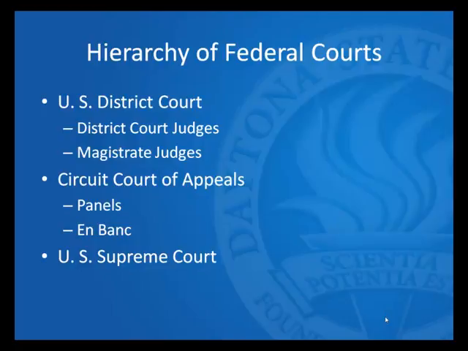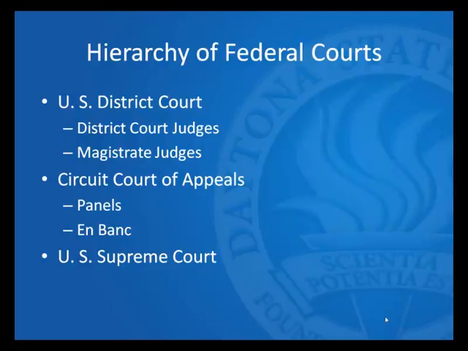And of course, the ultimate appellate court in this country is the United States Supreme Court, and they will only review cases when people ask them to review them and when they decide to review them. You apply to the U.S. Supreme Court to have your case reviewed, and they decide if they're going to do it, and if they do, they issue what's called a writ of certiorari.